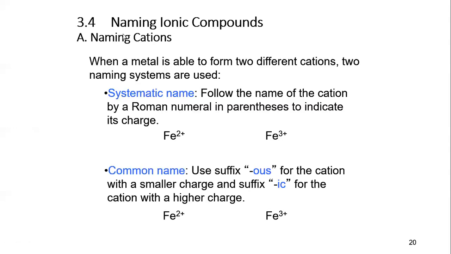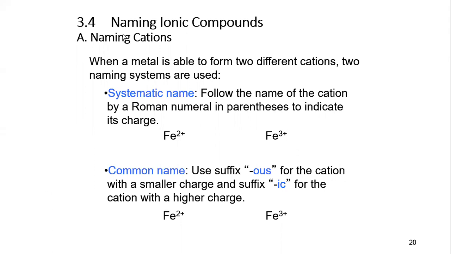So now we're going to talk about how we name those elements that have multiple ionic charges. When these transition metals, such as iron, copper, tin, and lead, for example, can have two different cations, we use two different naming systems.